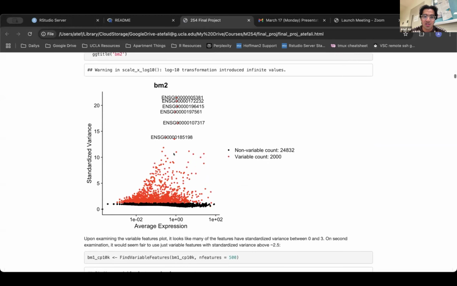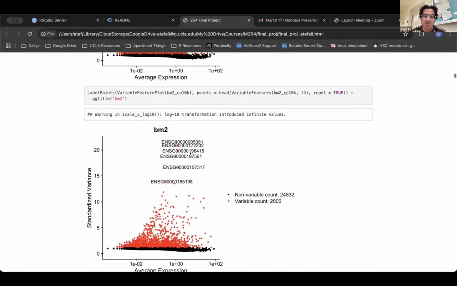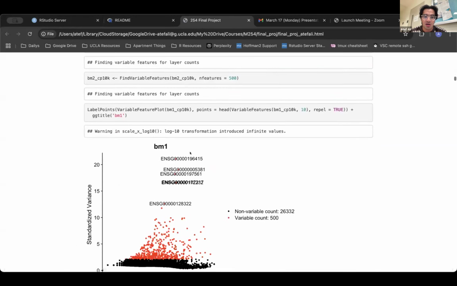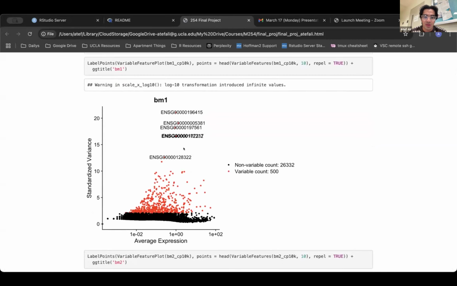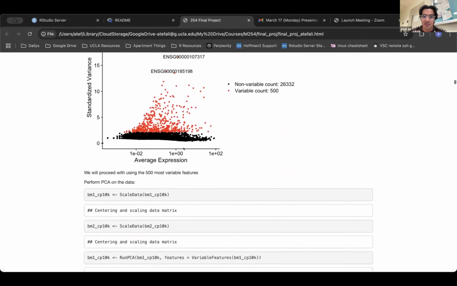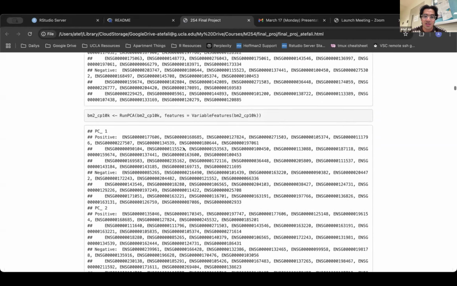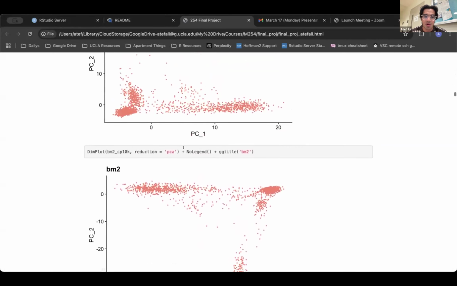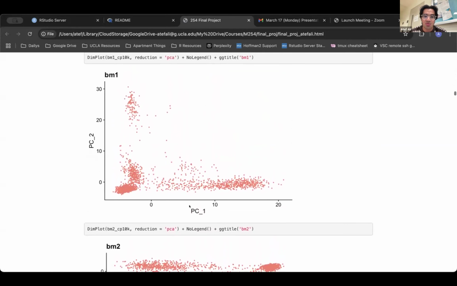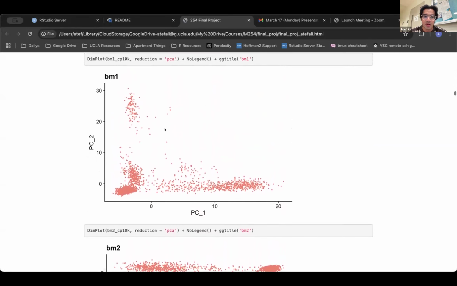I ended up choosing the top 500 most variable features, shown here, for further analysis for both data sets. And then I plotted principal components 1 and 2 for each data set.